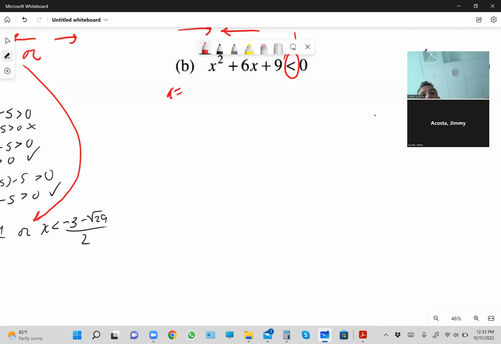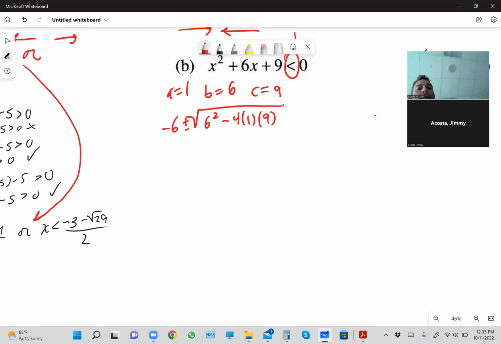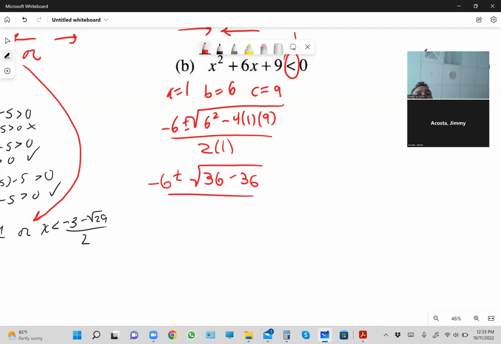A equals 1, B equals 6, C equals 9. Negative 6 plus or minus the square root of 6 squared minus 4 times 1 times 9, divided by 2 times 1. Negative 6 plus or minus the square root of 36 minus 36, divided by 2.